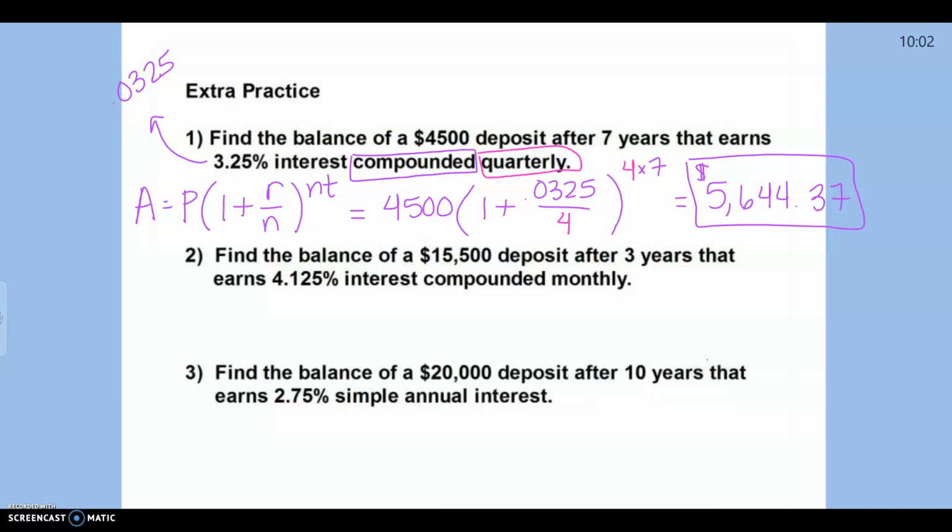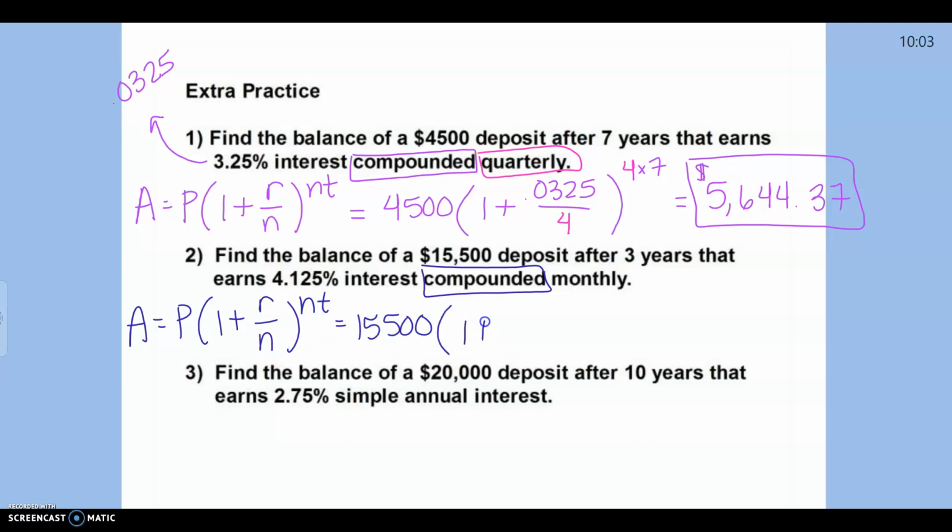Okay? Find the balance of a $15,500 deposit after 3 years that earns 4.125% interest compounded monthly. Again, crazy word compounded. Remember, if you see the word compounded, you got to write the formula down. Okay, so you start with $15,500. 1 plus your rate is 4.125%, so 0.04125. Remember, move it 2 to the left.